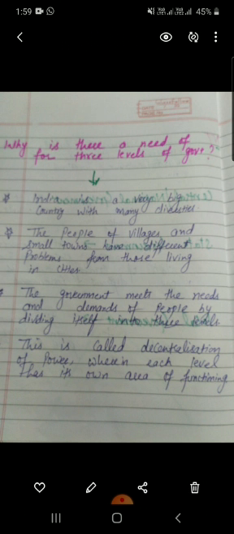This is called decentralization of power, wherein each level has its own area of function.